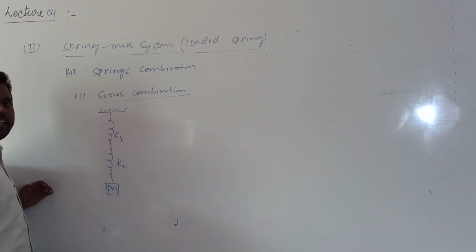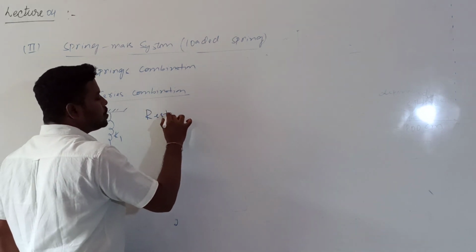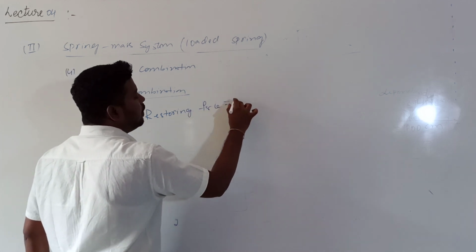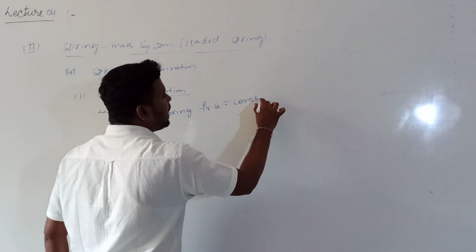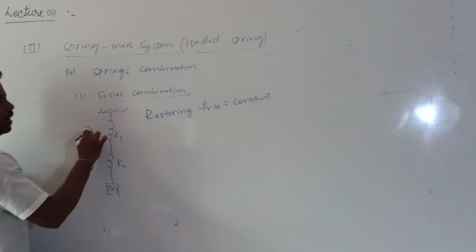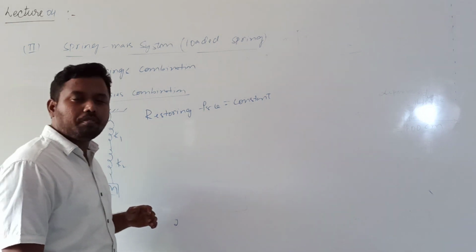Whenever they are connected in series, always remember, the restoring force acting on the two springs will be constant, but the elongation is not the same. The first spring elongation I can call x1, the second spring elongation x2.